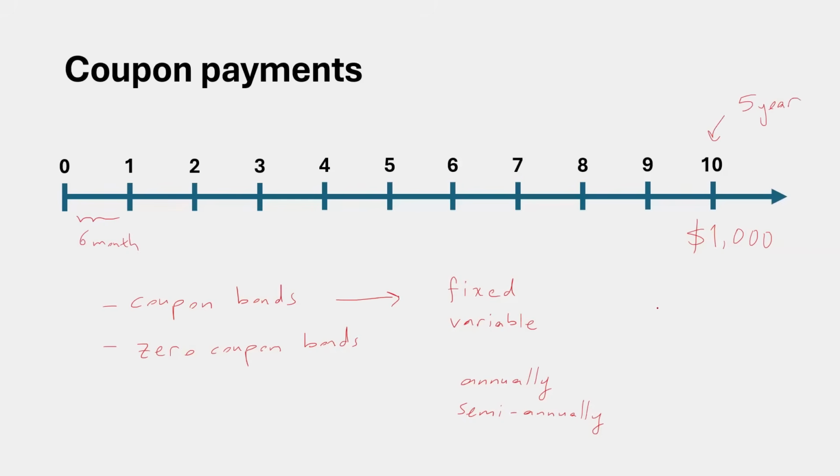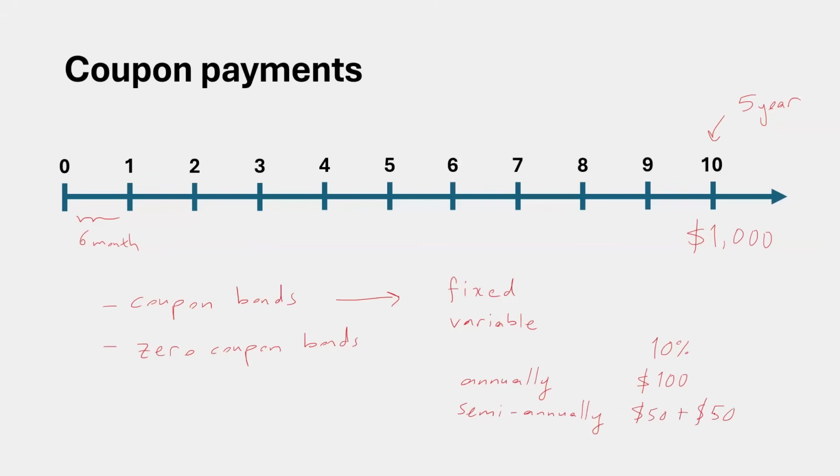Okay. Now, just to give you a more specific example, let's say the face value is 1,000, and let's say the coupon rate is 10%. So if the coupon is paid annually, this means that each year you would earn a coupon of $100, or if it is paid semi-annually, it means that every 6 months you will get $50.